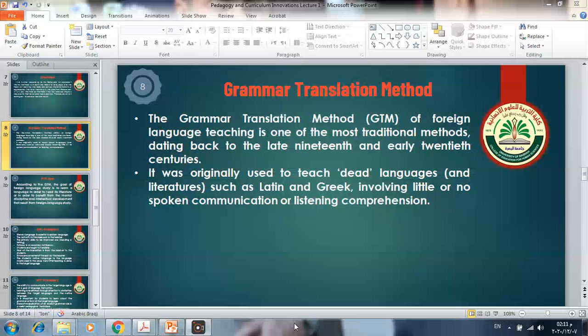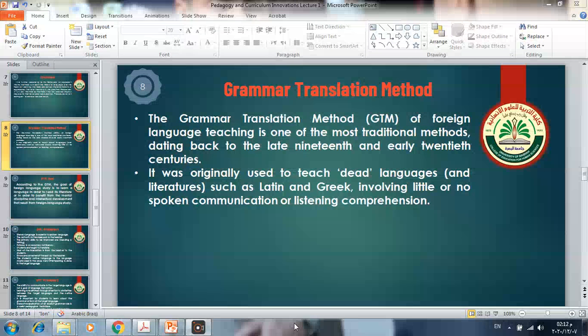By dead languages, we mean the languages that are no longer spoken. However, we have their literature written. So these languages, like Latin and Greek, were taught by means of the grammar translation method.